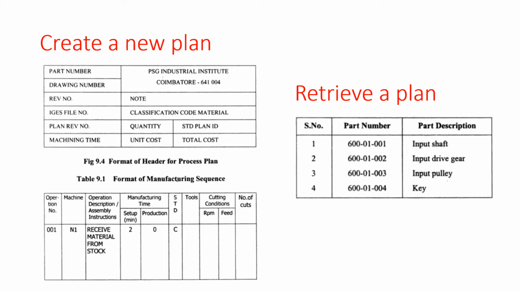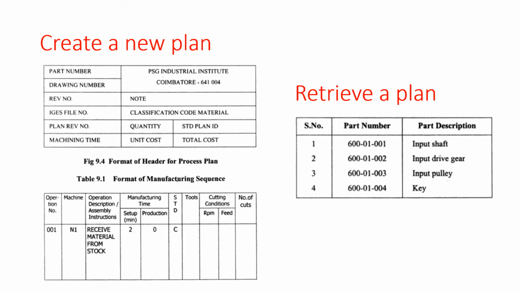Here all the manufacturing data are entered as operation number, machine number, and operation description, assembly instructions, manufacturing time, which involves step time and production time, and the standards, tools which we are using, cutting conditions, which includes RPM and feed rate, and finally the number of cuts.